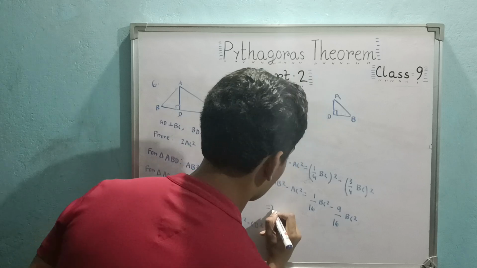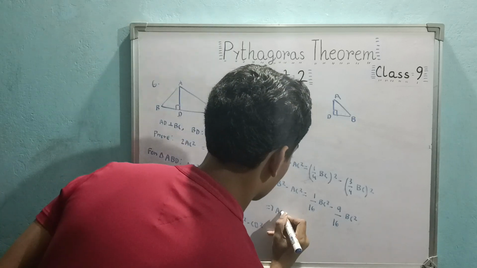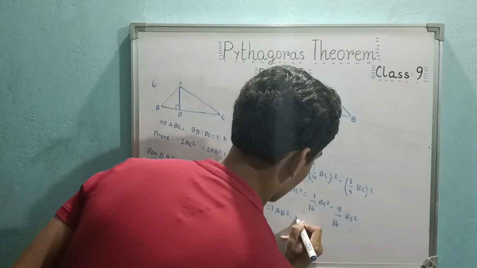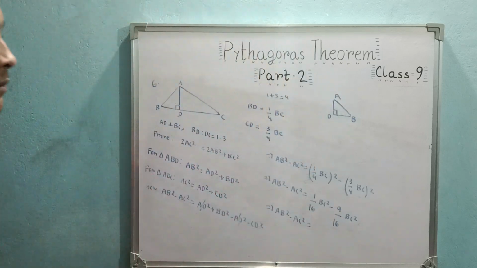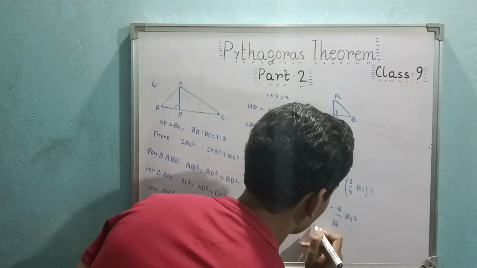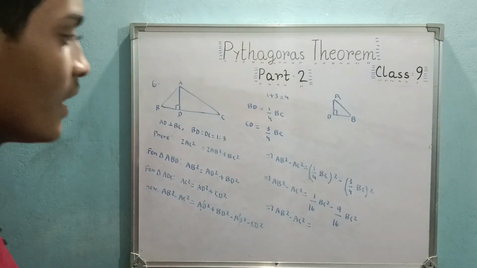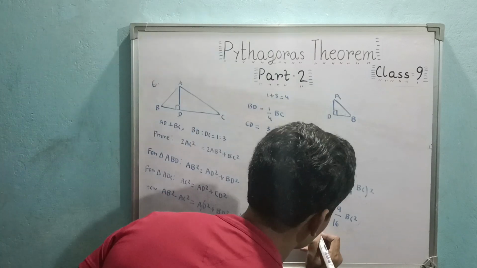Equal to what? AB square minus AC square equal to 1 minus 9 by 16 BC square. 1 minus 9 is minus 8 by 16, means minus 1 by 2 BC square.